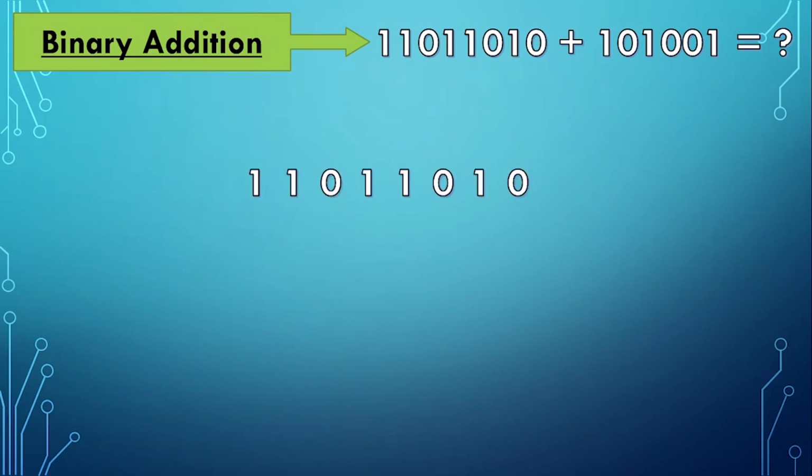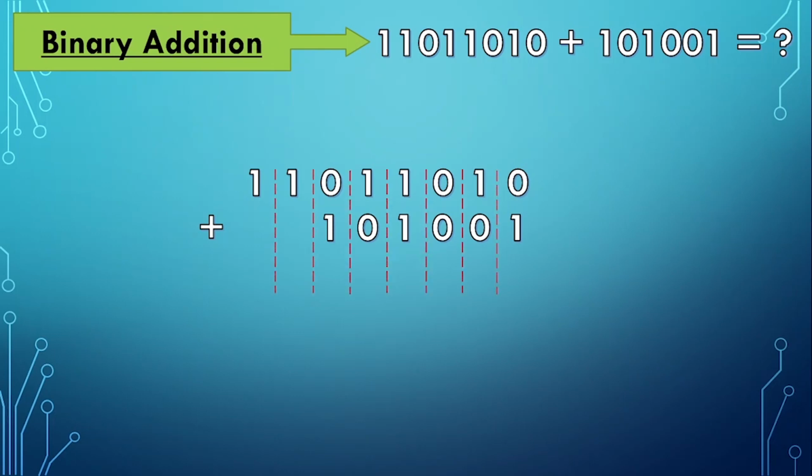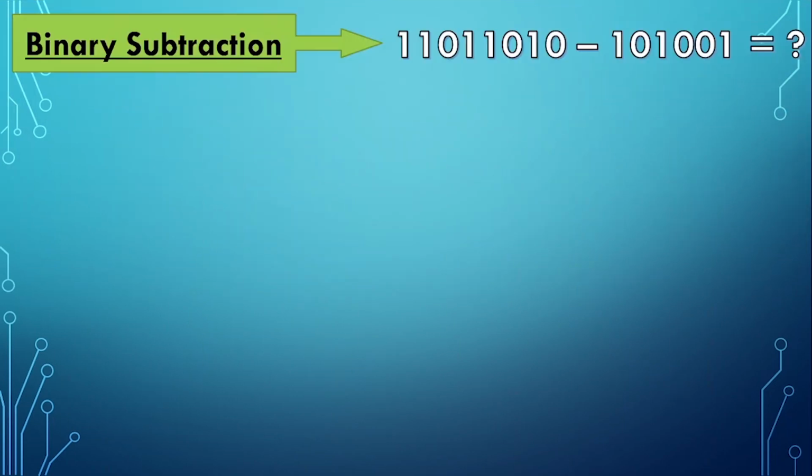My first step is to write both the numbers so that each bit will match each other. Okay, here this is very important. The bits should be matched. They should not be written randomly. Now addition or any arithmetic operation will always start from LSB.